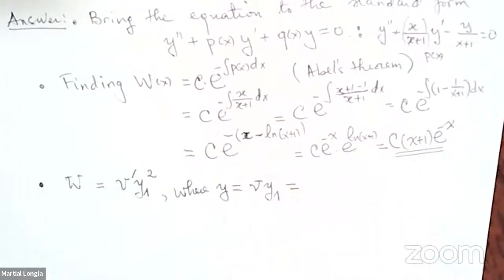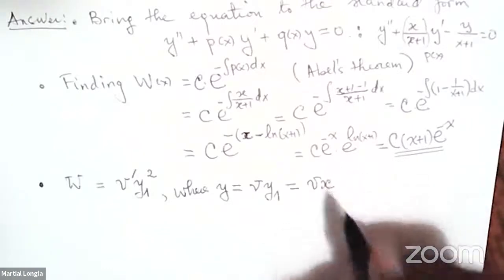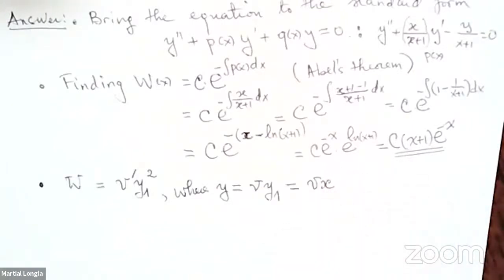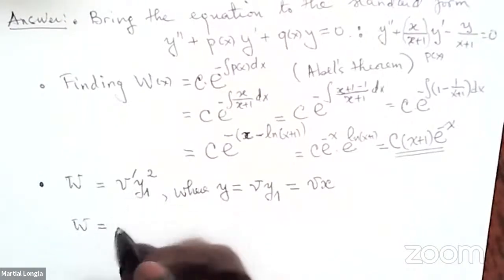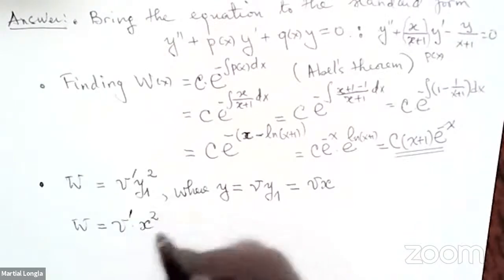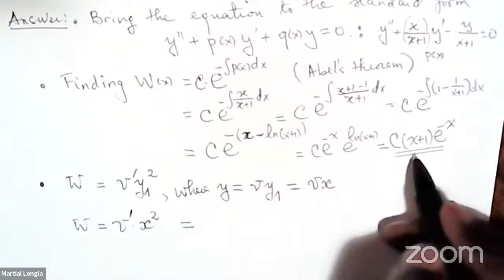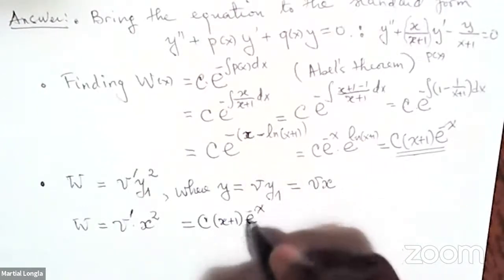In this case, y is v times y1, and y1 is x. So we get that w equals v prime times y1 squared, which is x squared. But at the same time, that w is what we got here. So that's c times x plus 1 times e to the negative x.